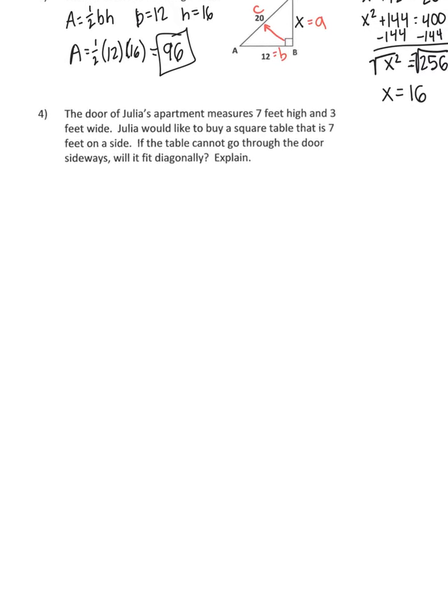Okay, last question. The door of Julia's apartment measures 7 feet high and 3 feet wide. So let's draw a door, 7 feet high and 3 feet wide. Julia would like to buy a square table that is 7 feet on a side. If the table cannot go through the door sideways, will it fit diagonally?